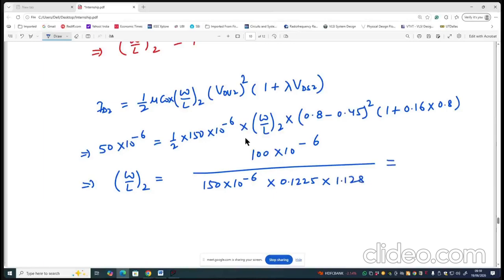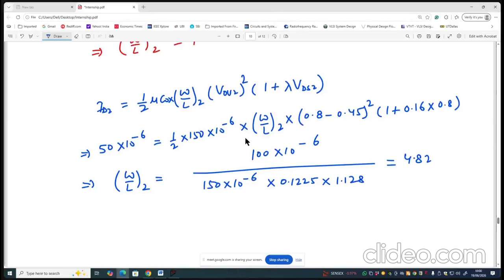What value do we get? Yes, we get W upon L2 as 4.82, right?